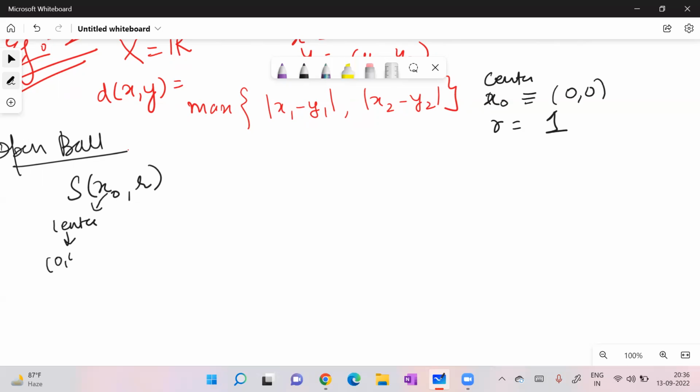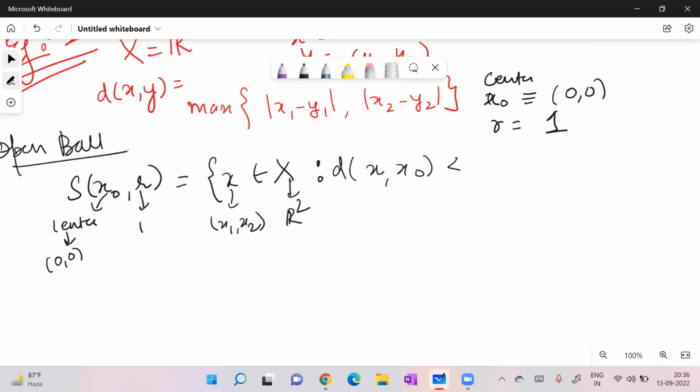So this is center (0, 0) and radius is 1. It is the set of all x, that is (x1, x2), belonging to X, that is R square, such that d(x, x naught) is less than the radius.